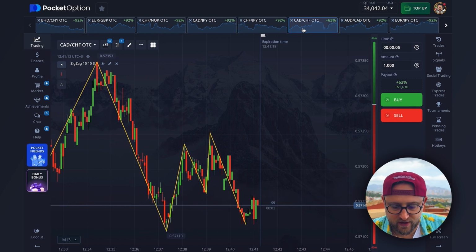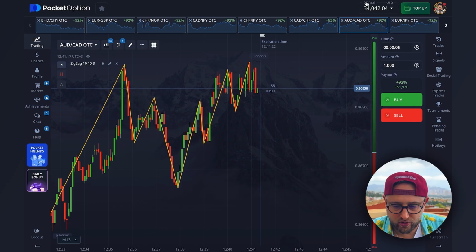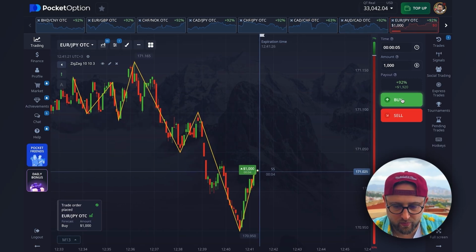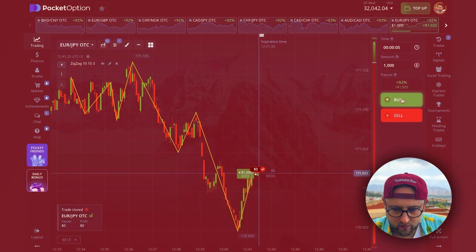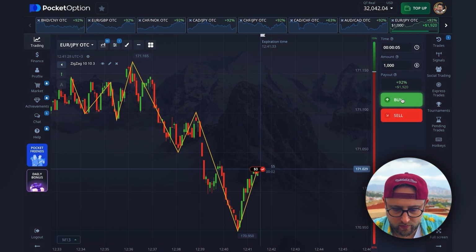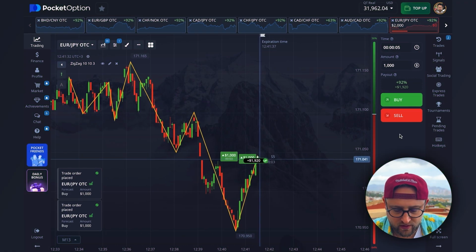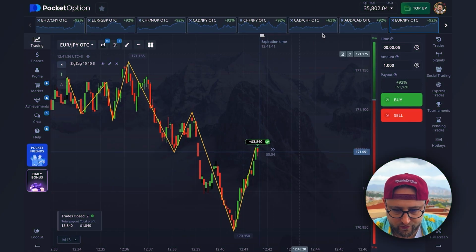Here we also didn't touch. Let's open a buy position here. Okay, it's not a problem. Martingale, multiplicator. And it's a solid profit.